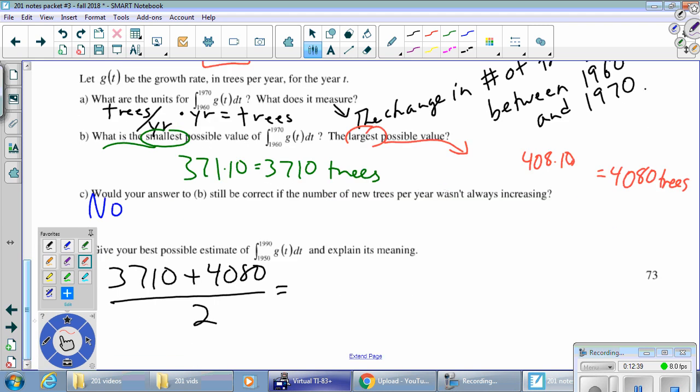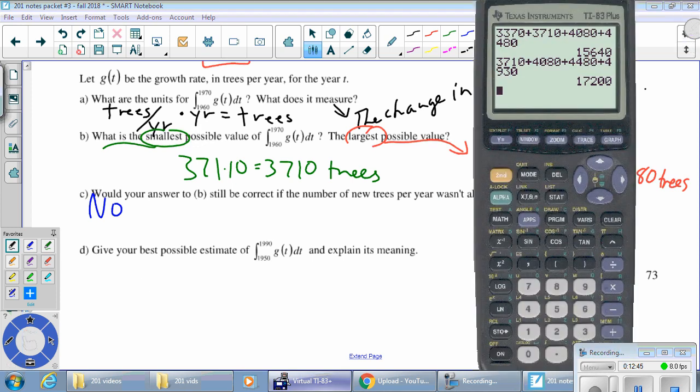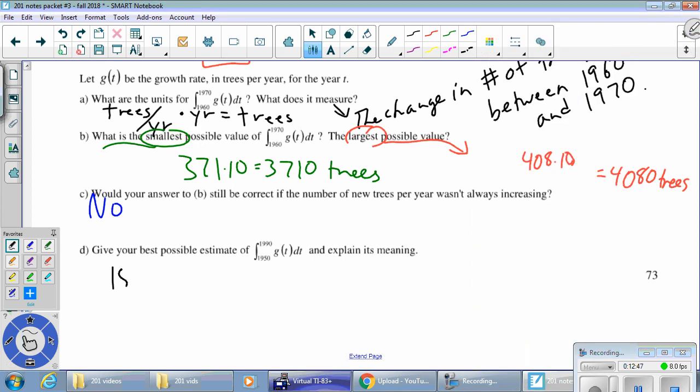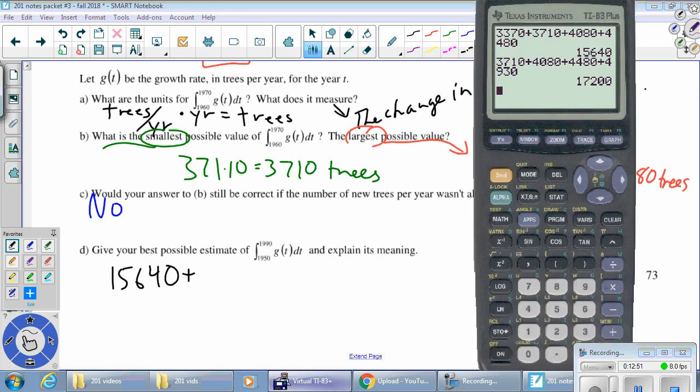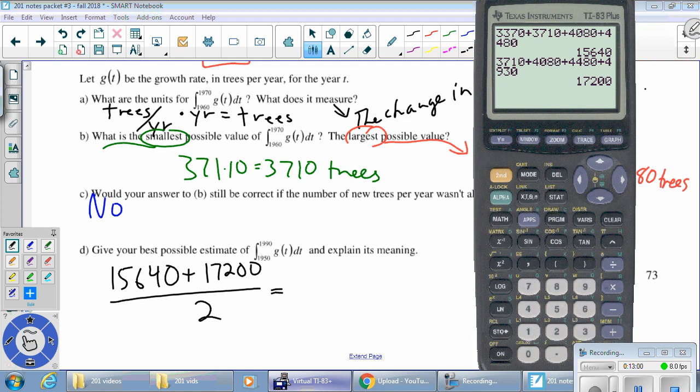And then we can come down here and write this calculation again using all of the work on the calculator. So 15,640 plus 17,200 divided by 2 equals 16,420.